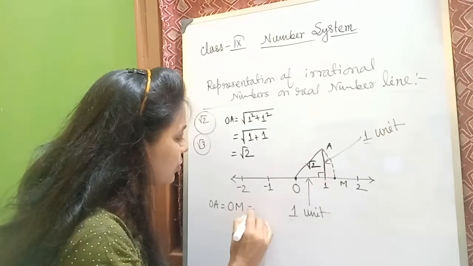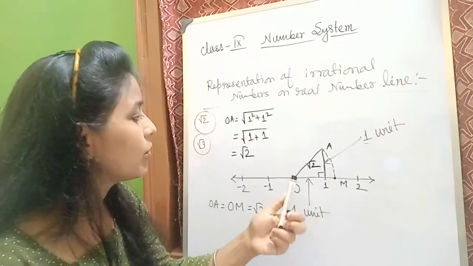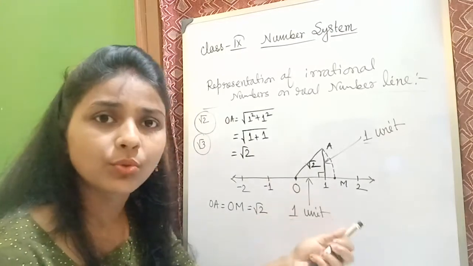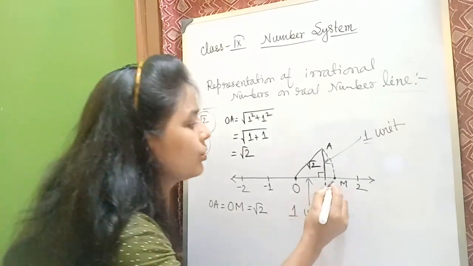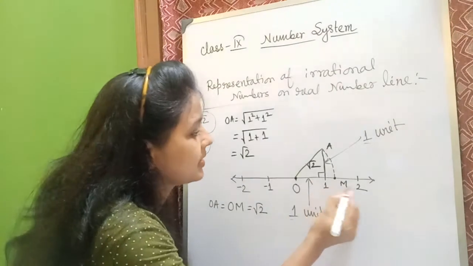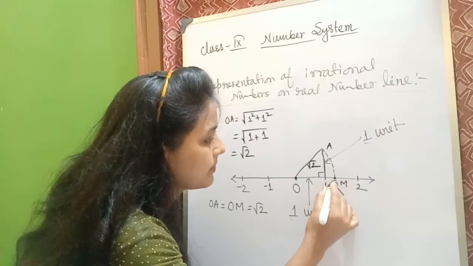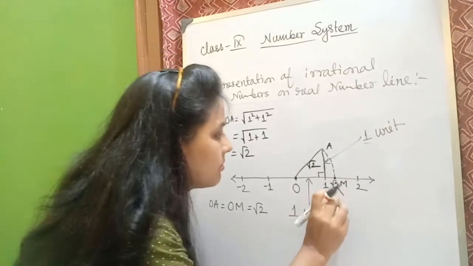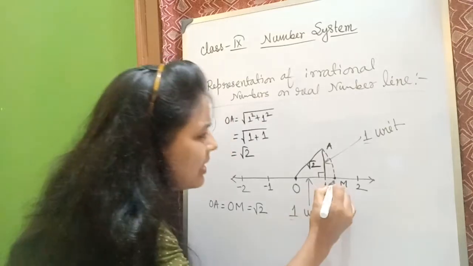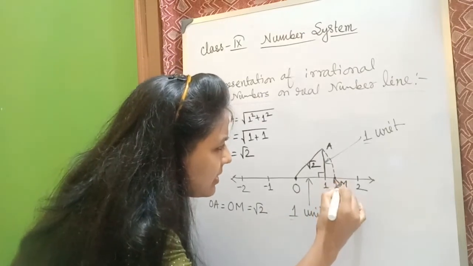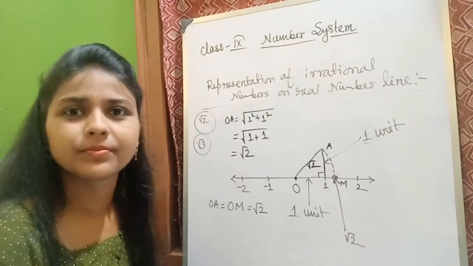OA is root 2, so OM also will be root 2, right? That means OA and OM are two equal radii. So OM is also equal to root 2. This is point 1, this is point 2, and this point will be root 2.